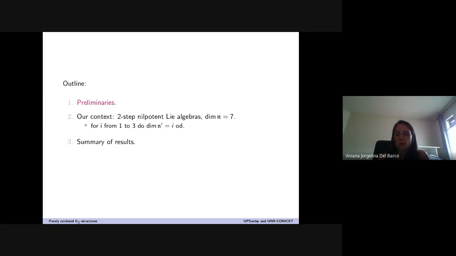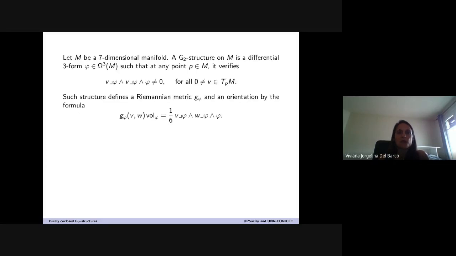Okay, so first the preliminaries. To give the definition: if you have a 7-dimensional manifold, a G2 structure is defined through a differential 3-form that verifies the non-degeneracy condition. Every time a manifold admits such a structure, you automatically have a metric and an orientation on the manifold, and therefore the Hodge dual.